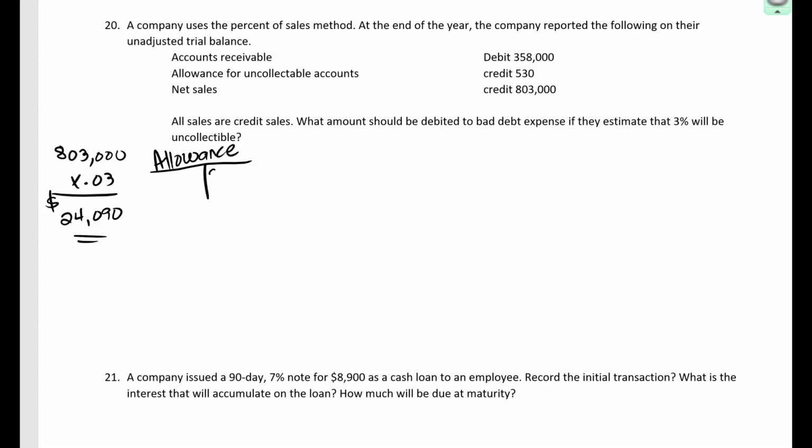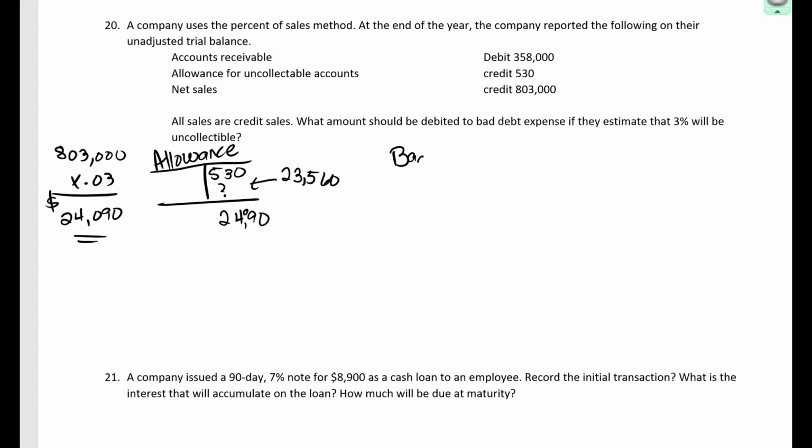It currently has a credit balance of $530, and we want it to have a credit balance of $24,090. What do we need to credit to get it to that amount? Well, we need to credit the account $23,560 to get it to $24,090.